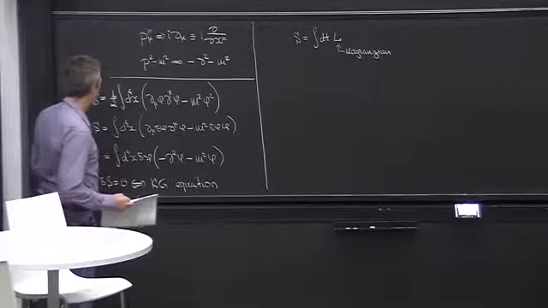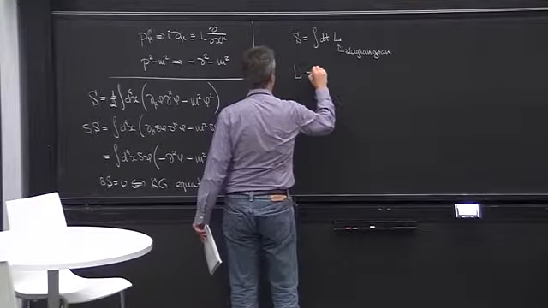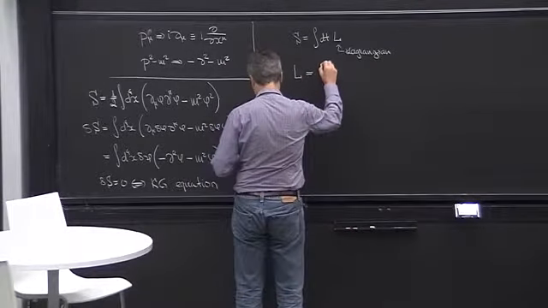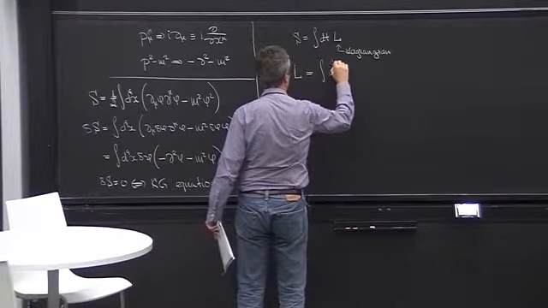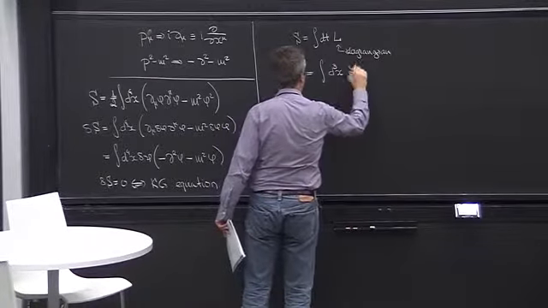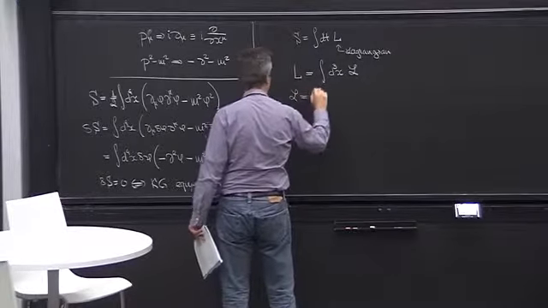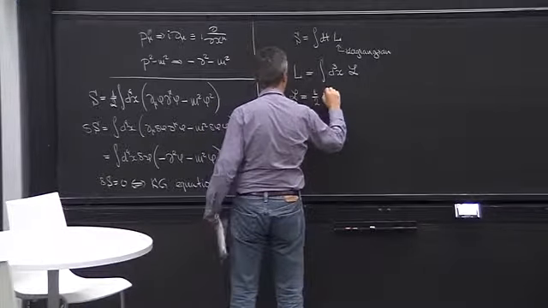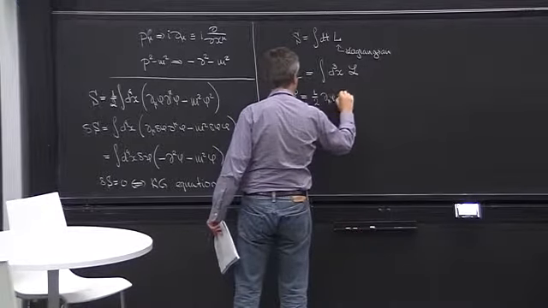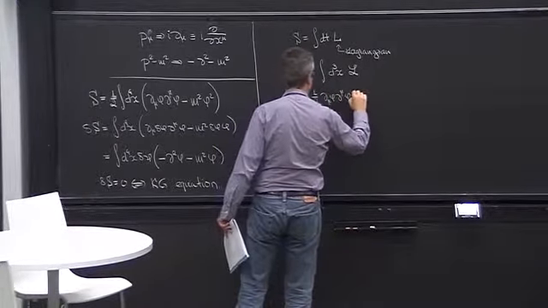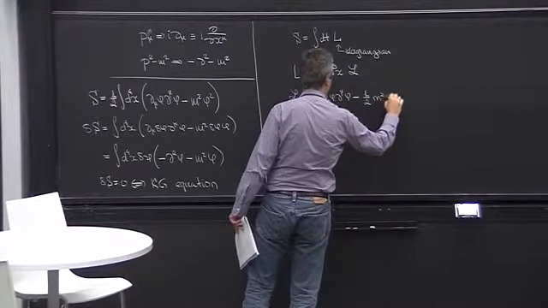So indeed we can separate time integration, and then the Lagrangian will be whatever remains of that, where this curly L is 1/2 of the derivative of phi squared minus 1/2 of m squared phi squared.